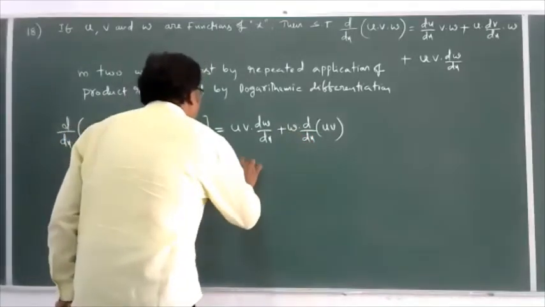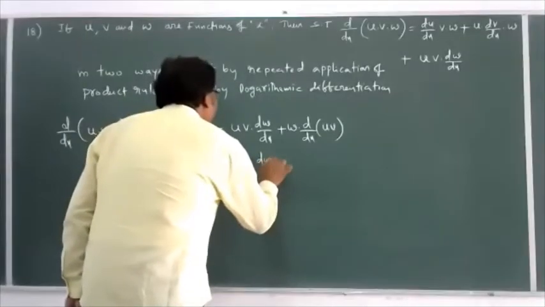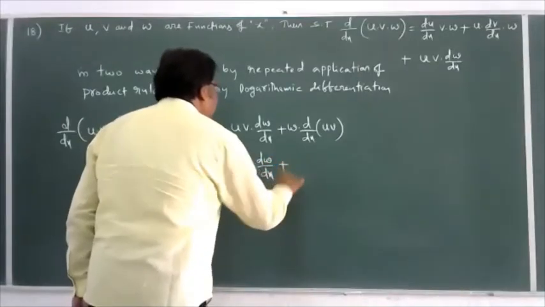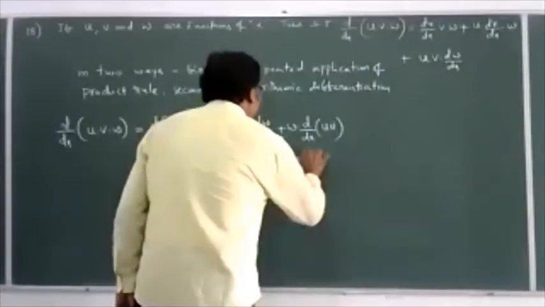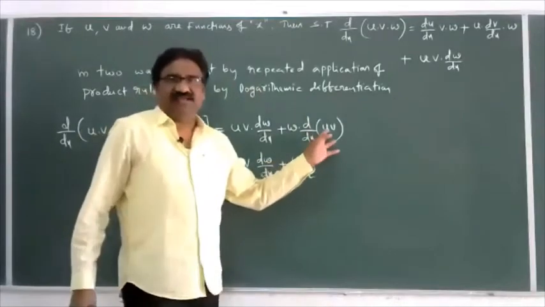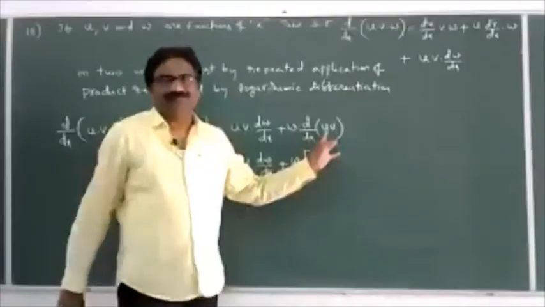So this is equal to uv into dw by dx plus w into d by dx of uv, where uv also needs the product rule.